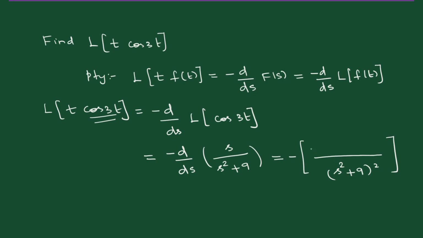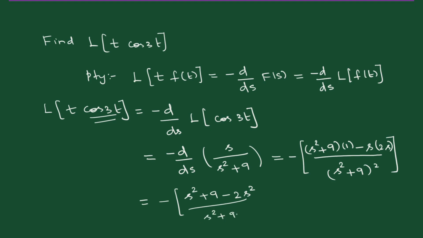In the numerator here, s square plus 9 into differentiation of u is 1 minus s into 2s. So this is equal to minus of, numerator if we simplify, this is s square plus 9 minus 2s square divided by s square plus 9 the whole square.